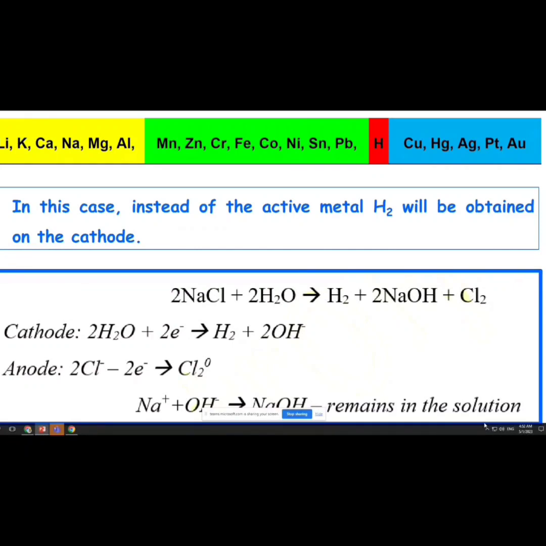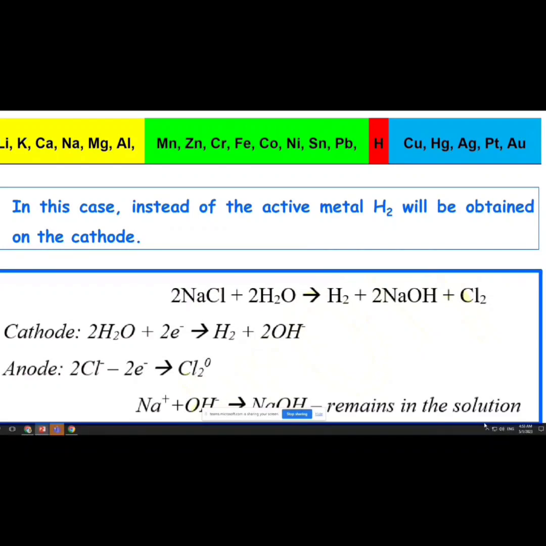Let's see what happens on the anode. Look, on the anode, we will get our chloride, this one. This chloride will come to the anode. It is negative, yes? So it will give its electron, minus electron. To become neutral, it needs to join the second chloride. We get chlorine, Cl2. It's a gas.